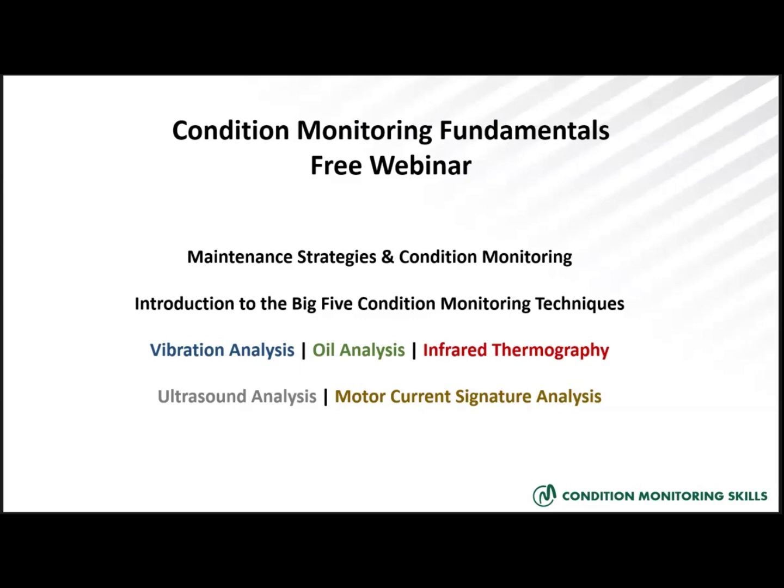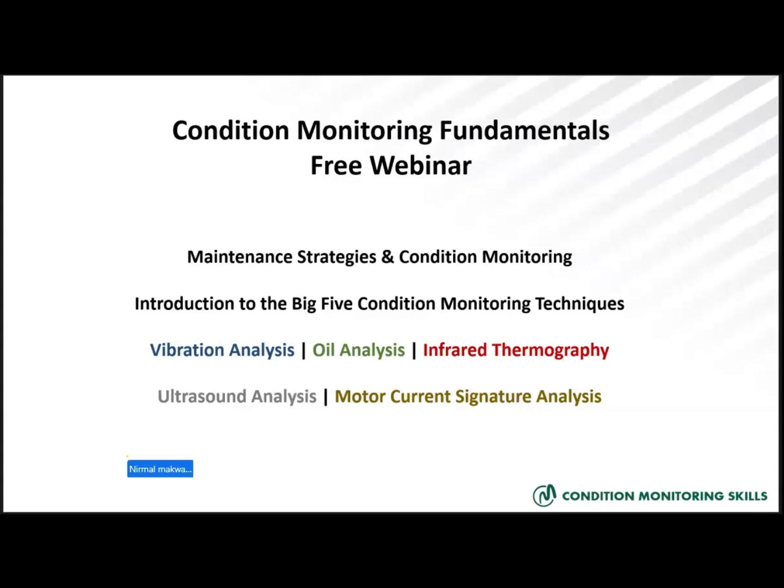Our goal in this webinar is to simplify the fundamentals and basics as much as possible and make the concepts of condition monitoring very clear to everyone, even if you are not a condition monitoring professional.